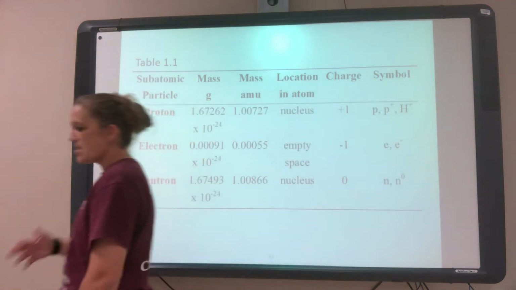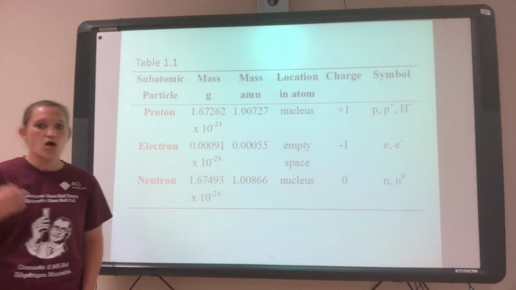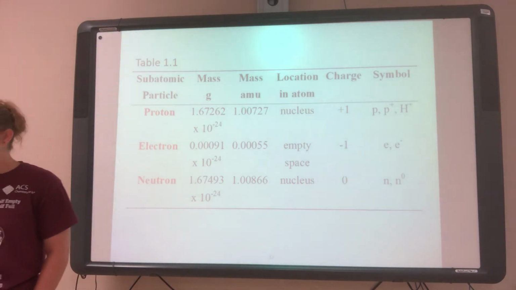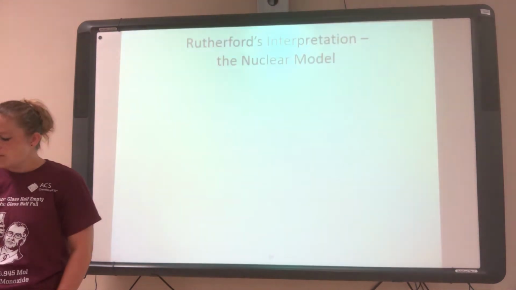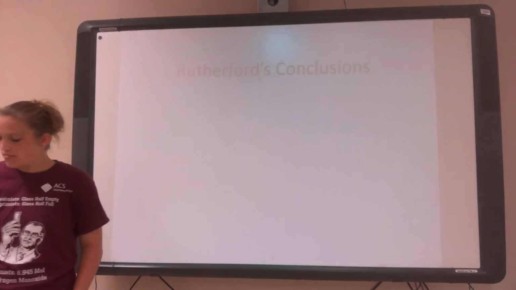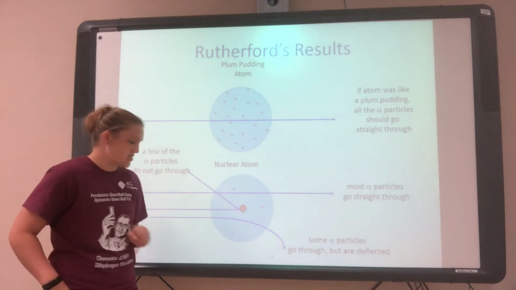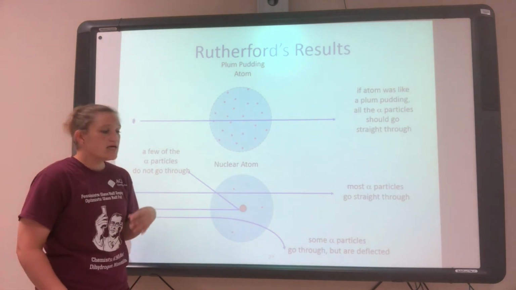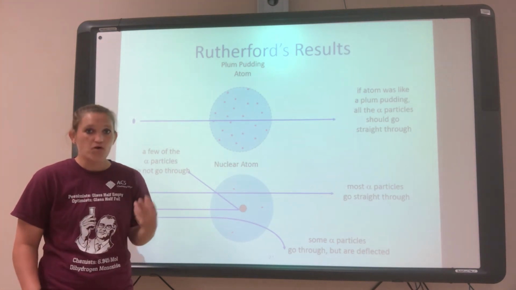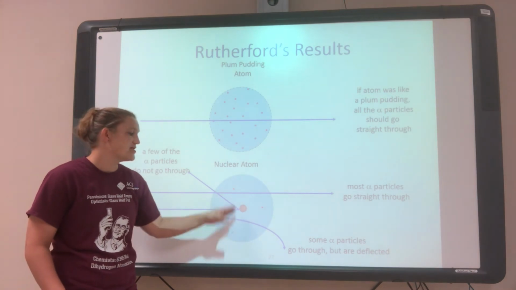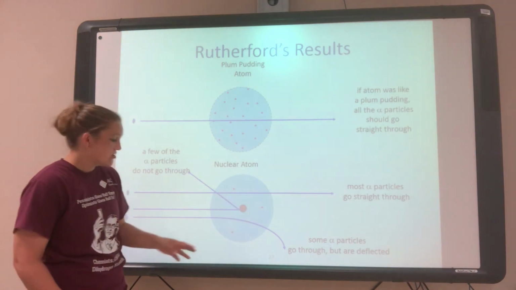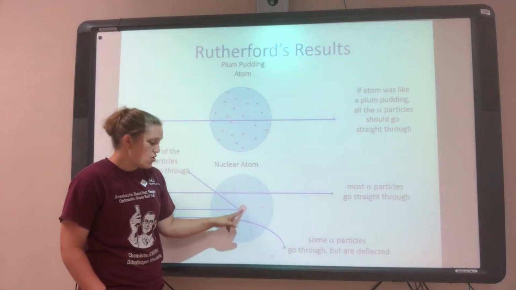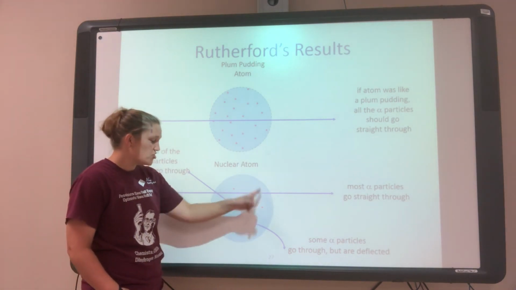Now, you might be saying, okay, is this what our current model of the atom looks like? It isn't exactly like this picture. When we get to the later chapter, we're going to talk about exactly where these electrons are. But this is pretty close, okay? So the nucleus is in the middle, you've got your protons, your neutrons, and your electrons are around.